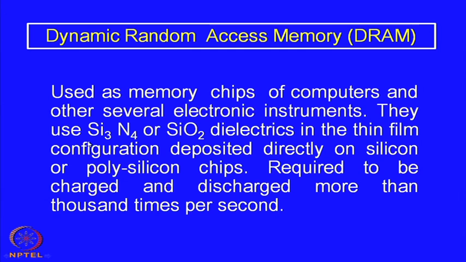They are normally fabricated on silicon chips. So, silicon-bearing compounds are better suited for this kind of dielectric. So, silicon nitride and silicon dioxide dielectrics are normally used, but in this case it is in a thin film configuration, not even thick film, not even a micron, a fraction of a micron, deposited directly on silicon and polysilicon chips, required to be charged and discharged more than 1000 times per second.